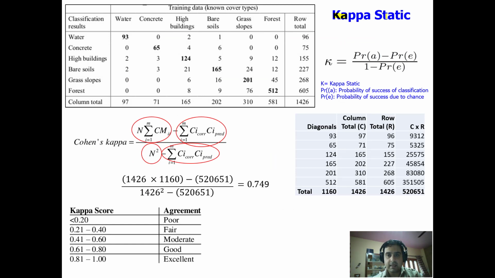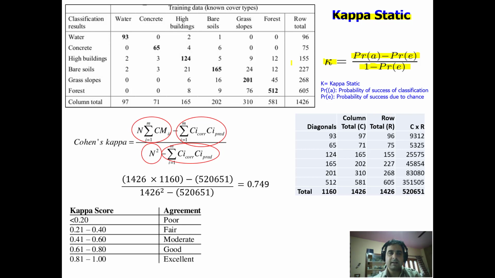Now coming to Kappa Statistics, K is equal to (PRA minus PRE) upon (1 minus PRE). Now if we give the classification to be carried out by a layman, he will also have some of the pixels correctly classified just as a matter of chance.